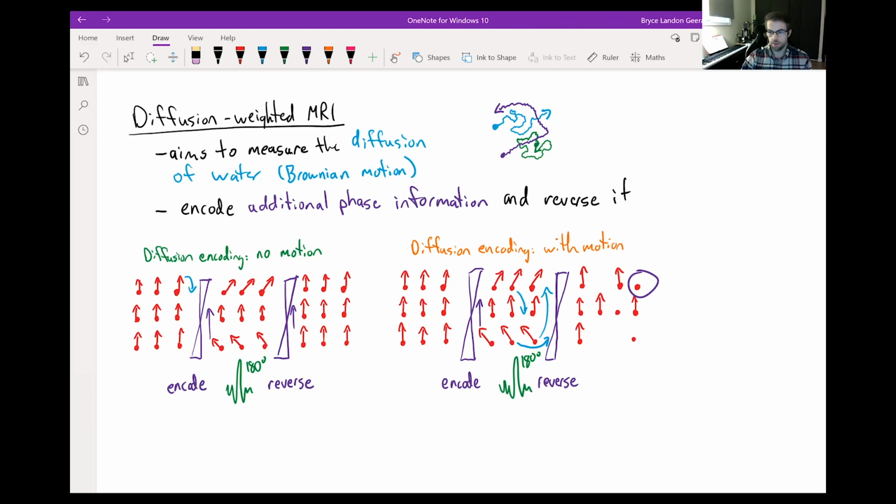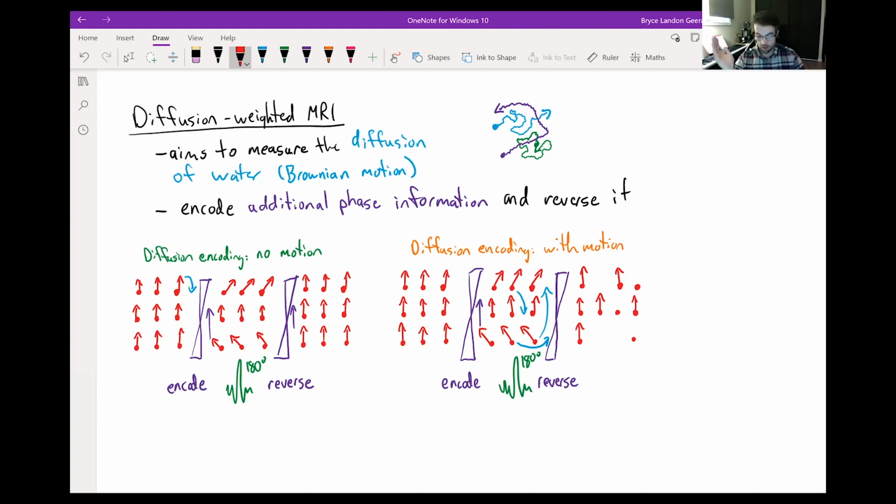Sorry, I just had to pause because I was evaluating my example diagram, which I think I've got wrong, and now I'm going to have to think through it, which is fine. So it was on the bottom row, it's behind in phase, 180-degree pulse puts it ahead in phase.